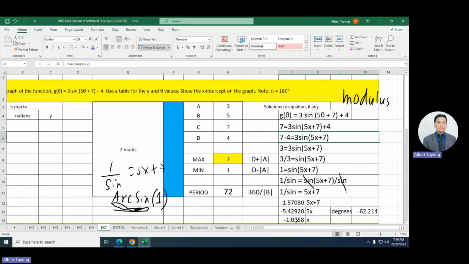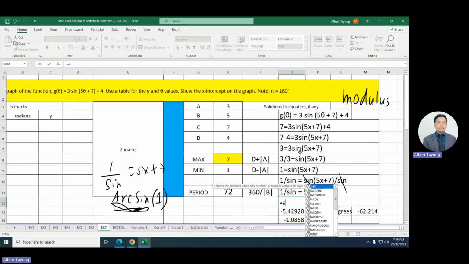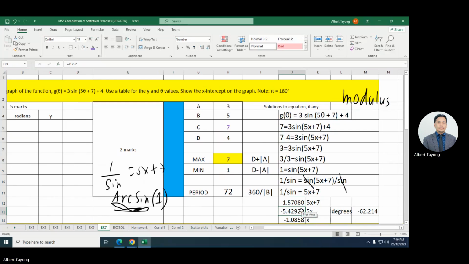Arc sine here equals arc sine 1 and enter. No need to close. Arc sine 1, enter. And then this one equals, the answer here, -7.